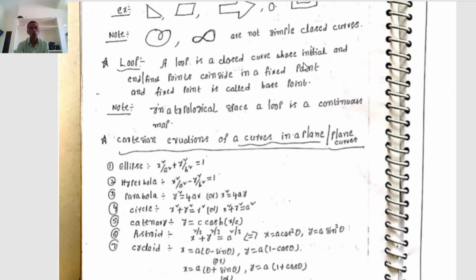A loop is nothing but a special type of closed curve whose initial and ending points coincide at a fixed point, called the base point. Important note: in a topological space, a loop is a continuous map.